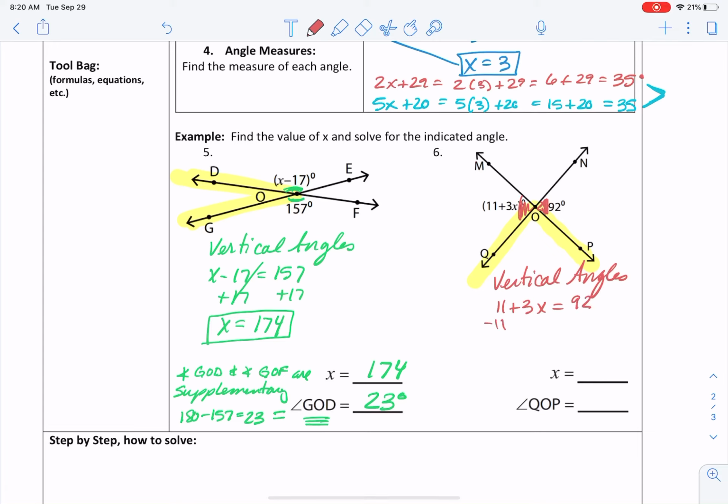So we subtract 11 from both sides, which gives me that 3x equals 81. And we divide by 3, x is 27.